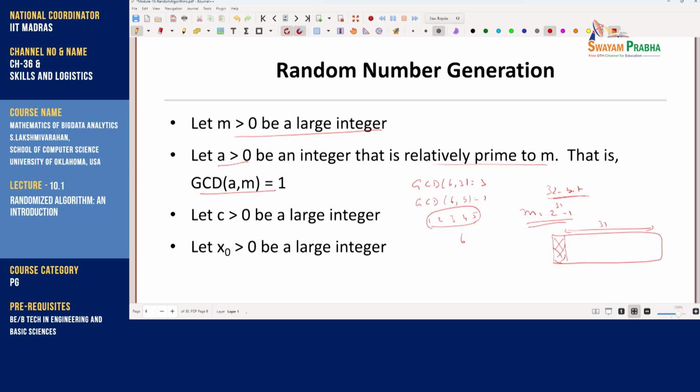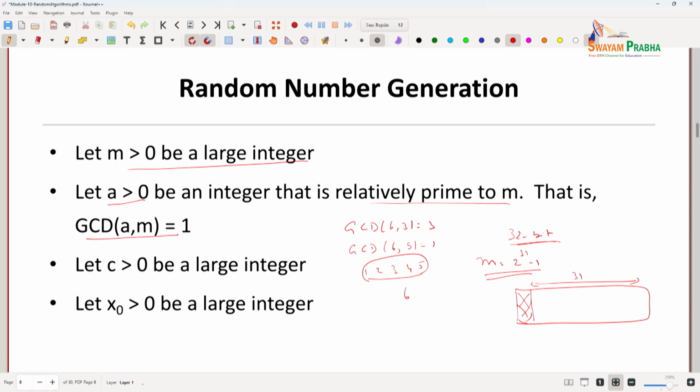So pick a number a whose GCD with respect to m is 1. Let c be a large integer. Let x naught be another large integer. x naught is called the initial condition. You can express your initial condition as your date of birth, that is month, day, year, or your telephone number.